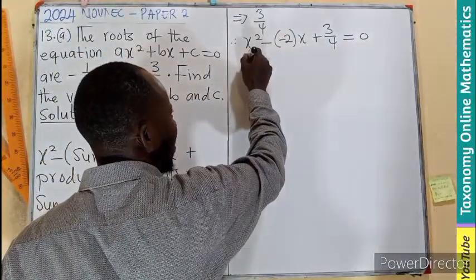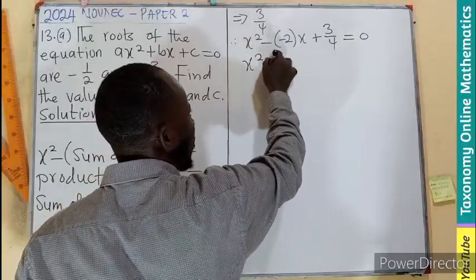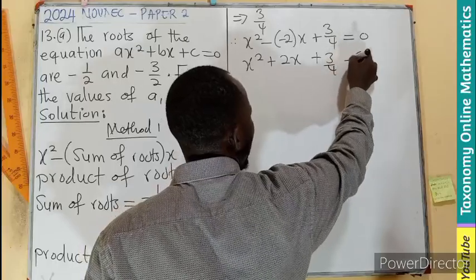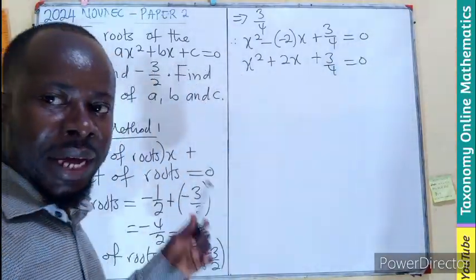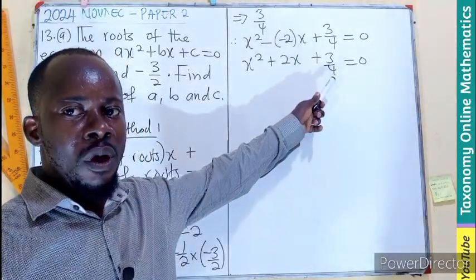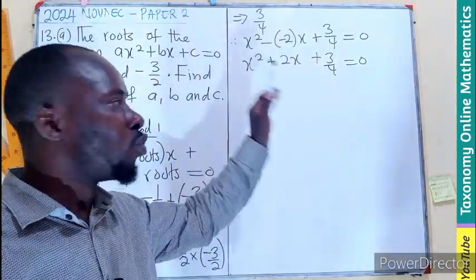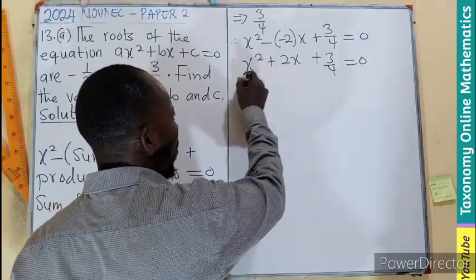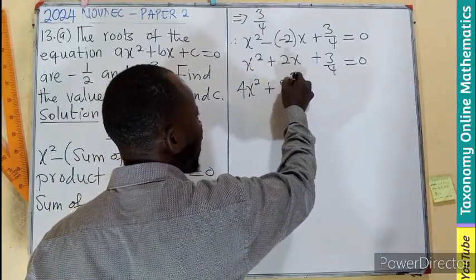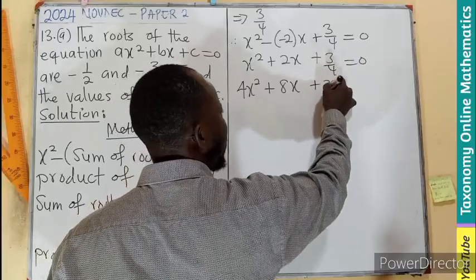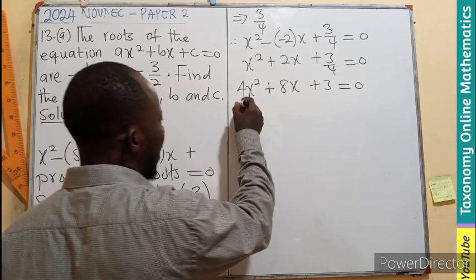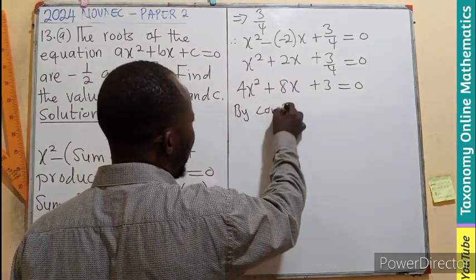This negative will cancel to give us x squared plus 2x plus 3 on 4 equals 0. Remember, we are having 4 here, so this 4 can easily be used to multiply through. If I multiply by 4, I should have 4x squared plus 2 times 4, which is 8x, plus 3 equals 0.